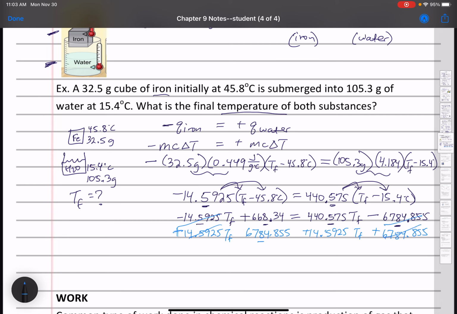So I end up with 7,440.855, 453.195, and that is significant to the tens place, equals... Did I do that wrong?